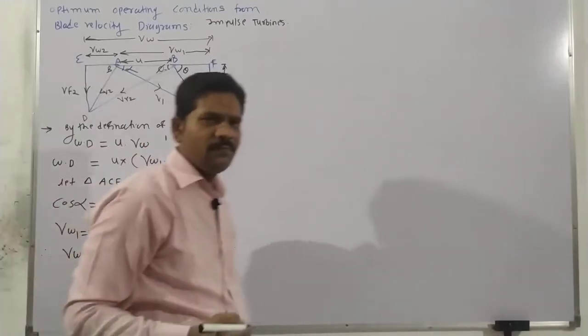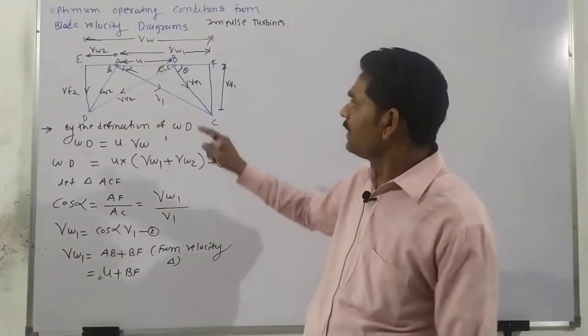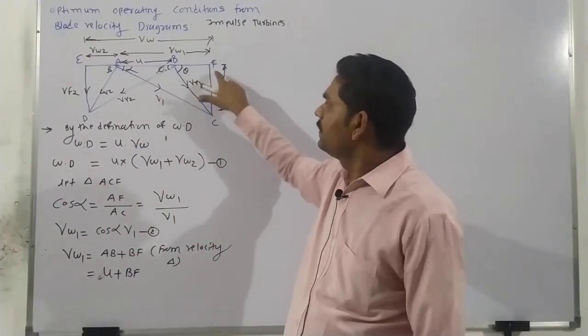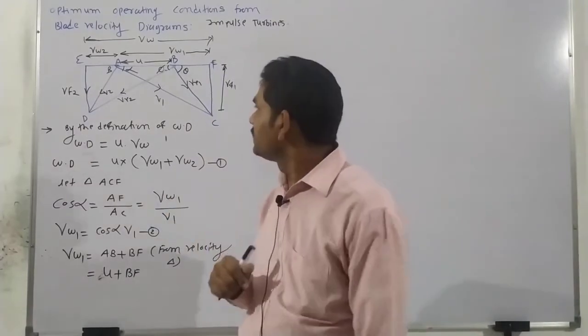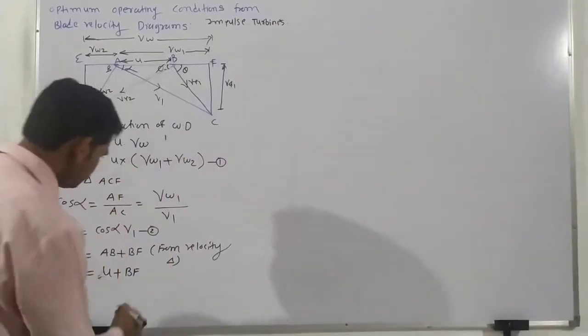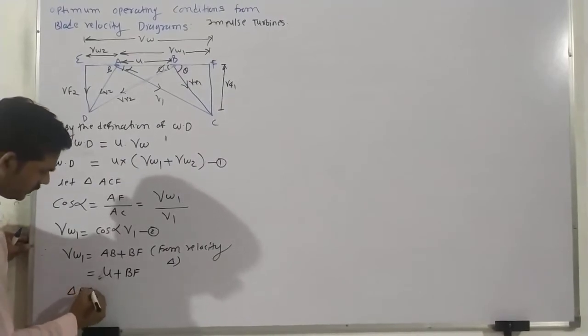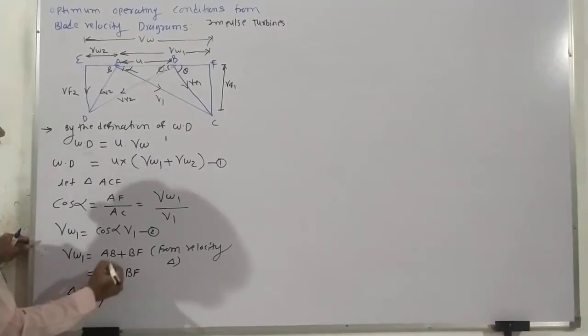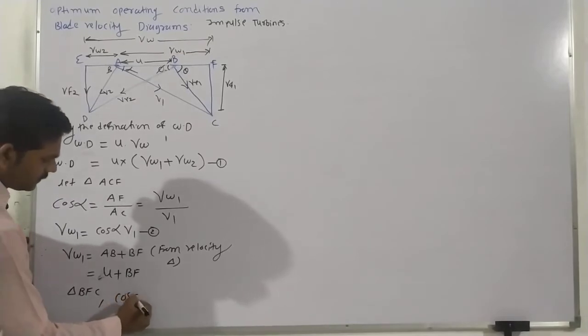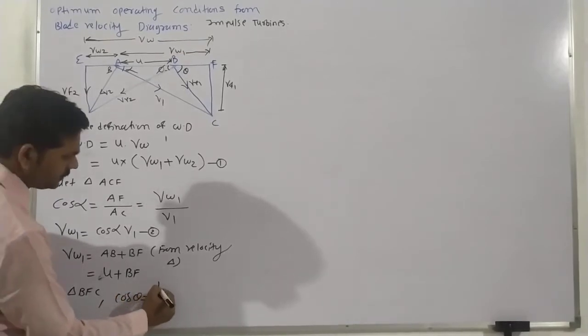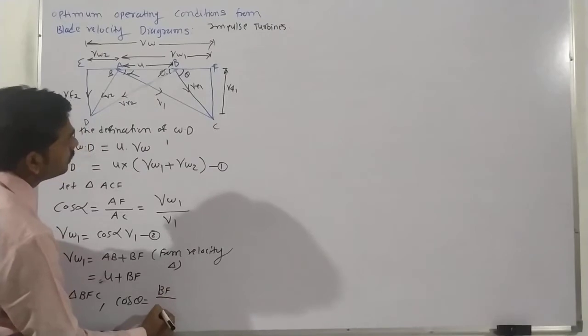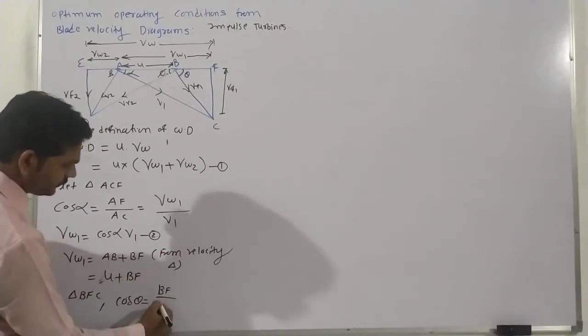A very simple way: by considering the triangle BFC. From triangle BFC, cos theta is BF upon BC.